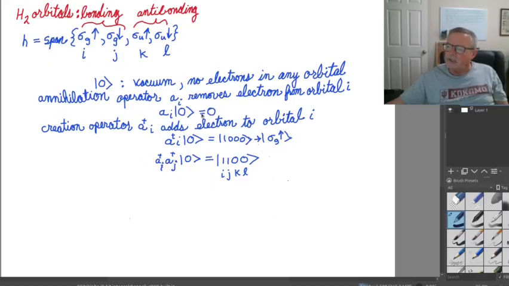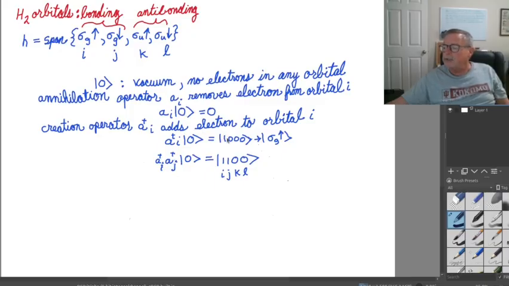Now it's interesting to note that the value of this vacuum is a scalar, and its value is actually 1. So that's another weird thing: is the 0 ket equal to 1? Huh? And this is 0 only because, notice it's not a 0 ket or anything on this side. It means that the value is 0 because you can't do that. It'd be like trying to add an electron to an orbital where there's already one there. So the same kind of thing occurs.